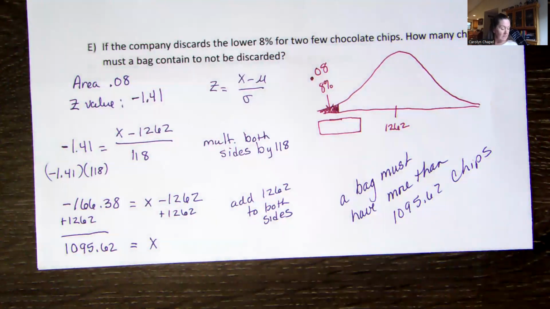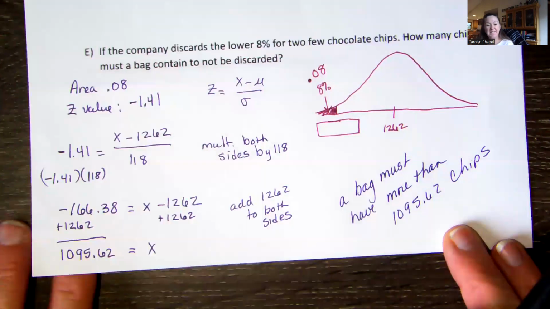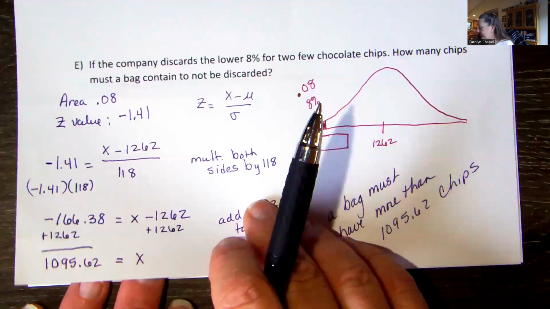At 1095, you'd be discarded. Okay, so there's one example of going backwards for us.